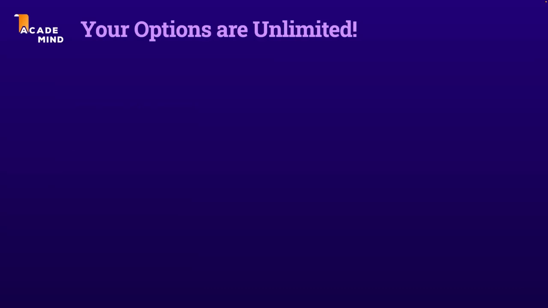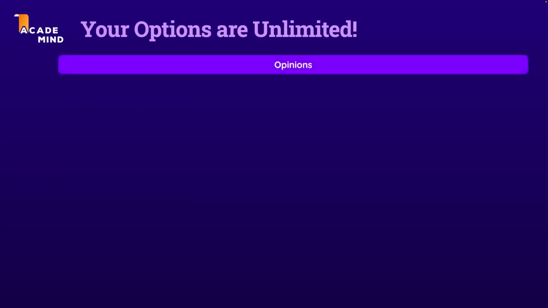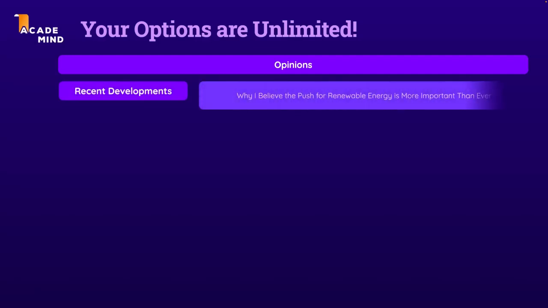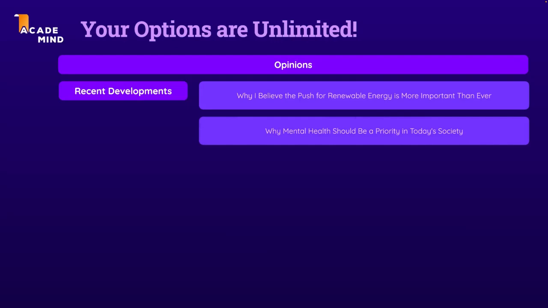If you are not so much into tutorials, you can also write opinions on your personal website, for example. Opinions can cover recent developments like the push for renewable energy or why mental health should be a priority in today's society. So these are all topics reflecting your opinion.